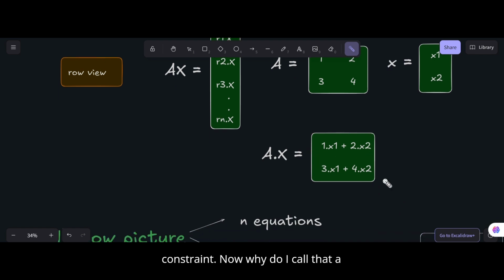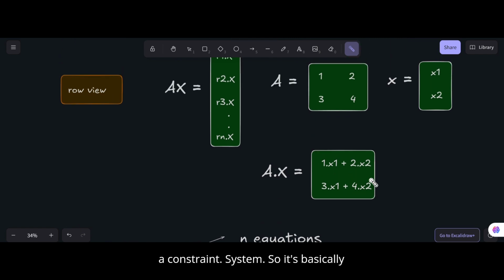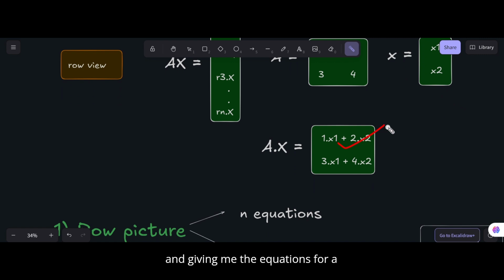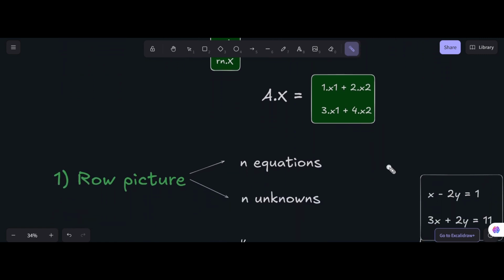Why do I call that a constraint? I would explain it in a bit, but it's basically a constraint in the system. So it's taking rows, doing the dot product with the respective components, and giving me the equations for a system for me to solve.